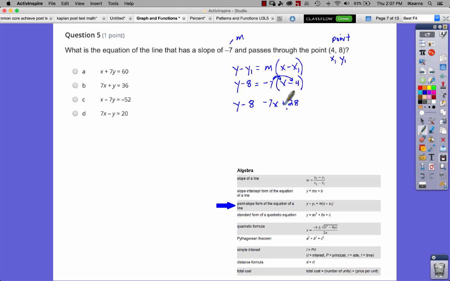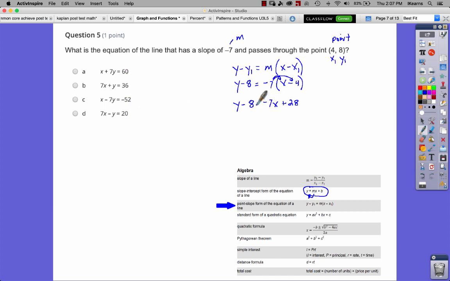So let's take a second and look at how our answers are framed. They're not in y equals mx plus b format, the slope-intercept form, but we're going to have to go through that. Our answer choices have x and y on one side and the constant on the other side.